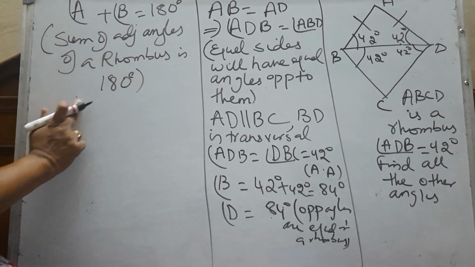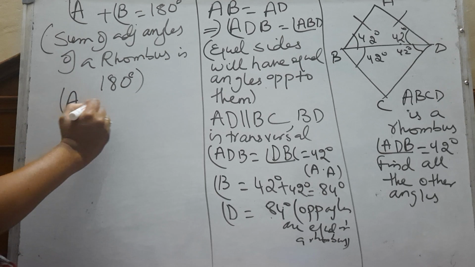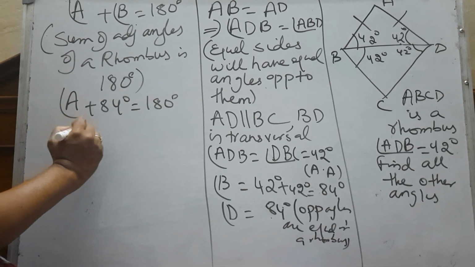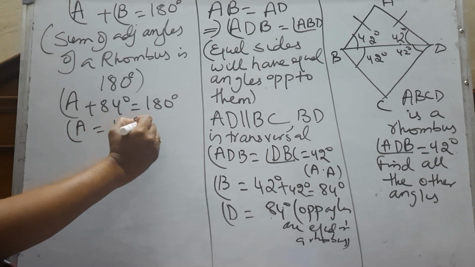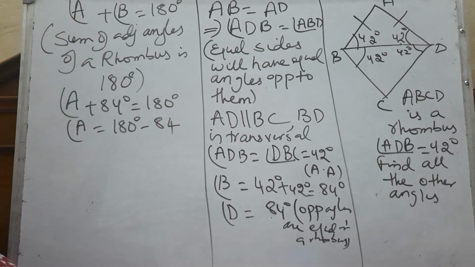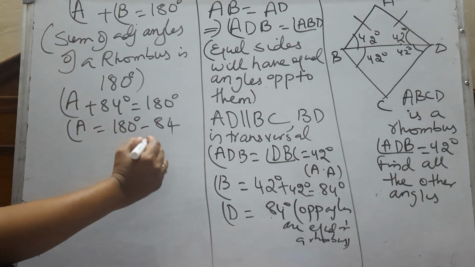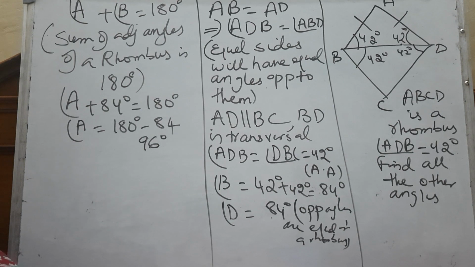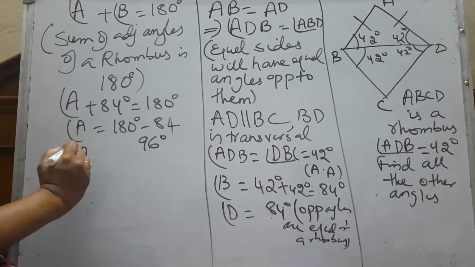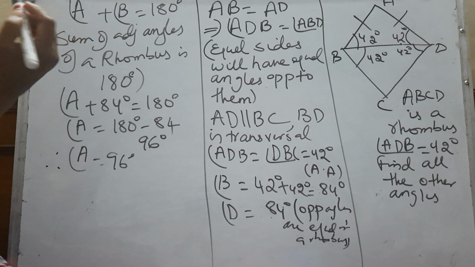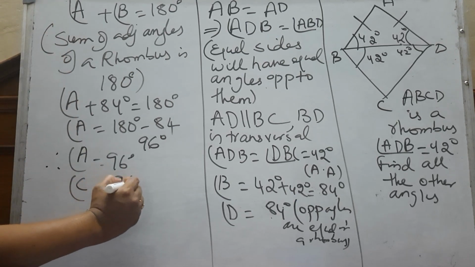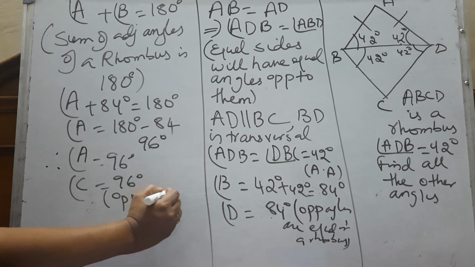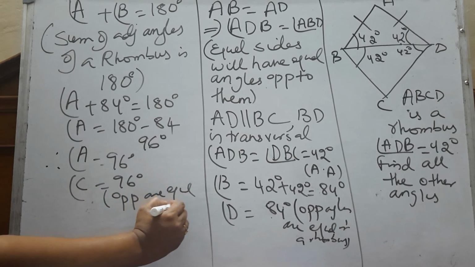Now angle A plus 84 degrees is equal to 180 degrees, so angle A is equal to 180 minus 84, which is 96. So angle A is 96. And we know that angle C will also be 96 since the opposite angles are equal in a rhombus.